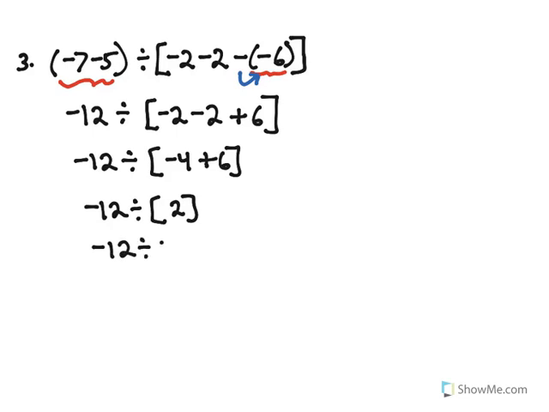I don't know why I put them there, but you can actually get rid of them. Once you perform the operation in the brackets and get it down to one number, you could just clear the brackets completely. And then this really reads negative 12 divided by 2. Remember, this is a plus 2, so a negative divided by a positive is a negative, and then 12 divided by 2 is 6. So that would be the answer. That would be 6.